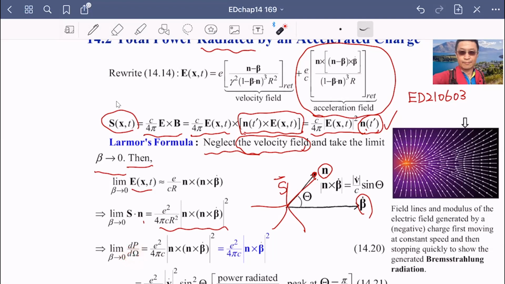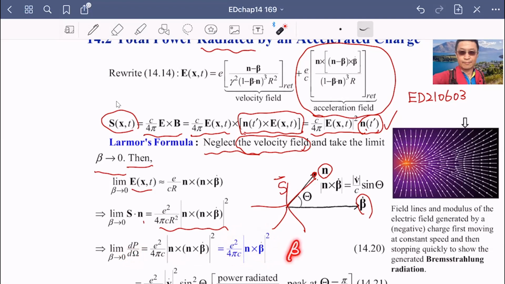The R squared cancels here. So it's E squared over 4 pi c. This gives us just one term, n cross beta dot, squared.